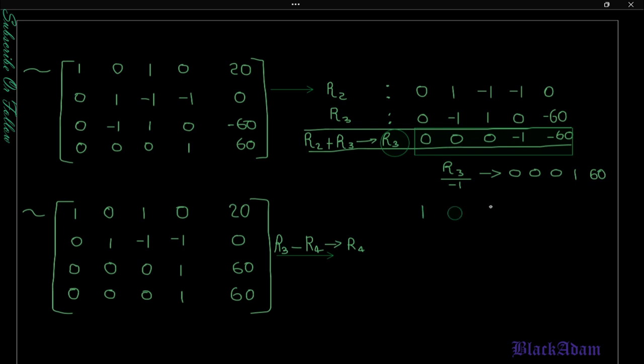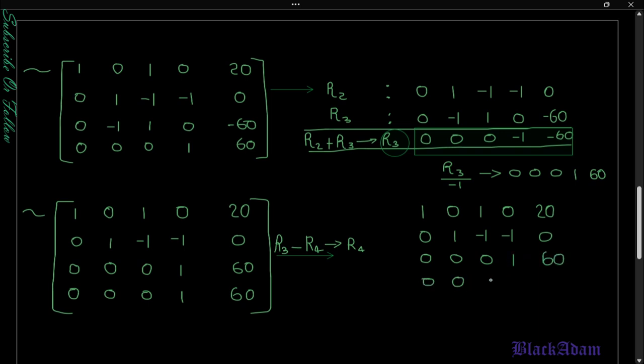So we have row 1: 1 0 1 0 20, and that's 0. That's row 2: 0 1 -1 -1 0, and then we have 0 0 1 60, and then we have 0 0 0 0. So when the rows are the same, the last one will be 0.